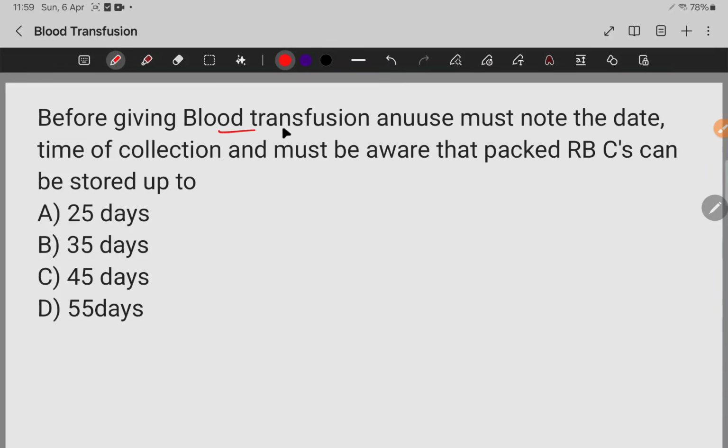Okay, next question. Before giving blood transfusion, a nurse must note the date and time of collection and must be aware that packed RBCs can be stored up to? The range is between 35 to 42 days, and it can be stored at 6 degrees Celsius for up to 42 days.